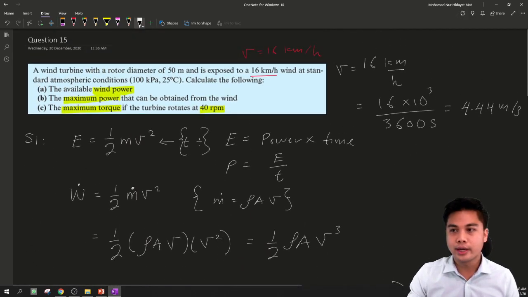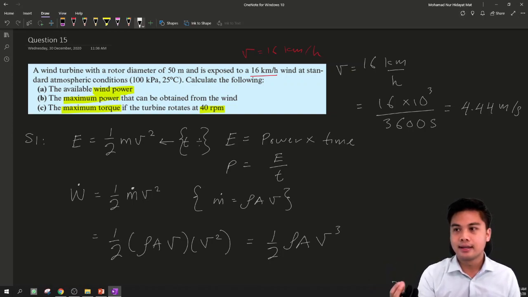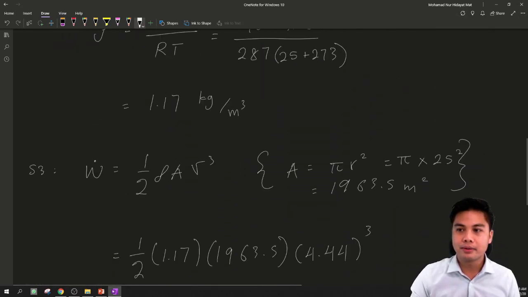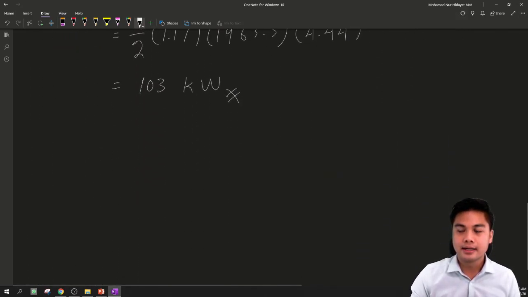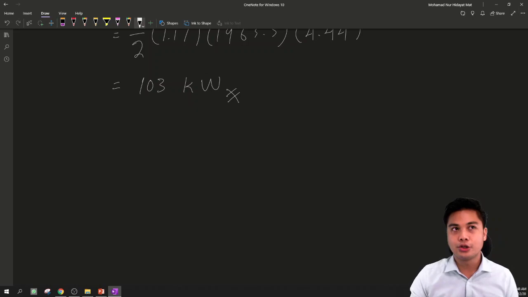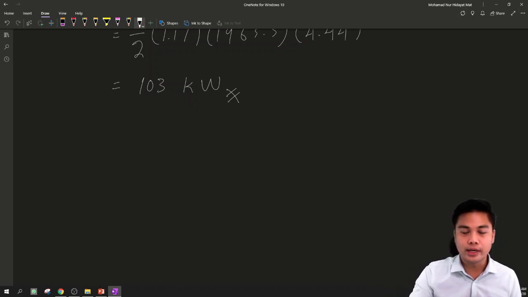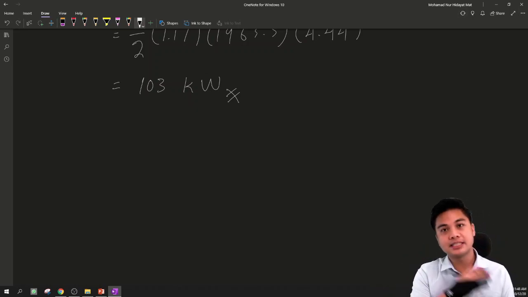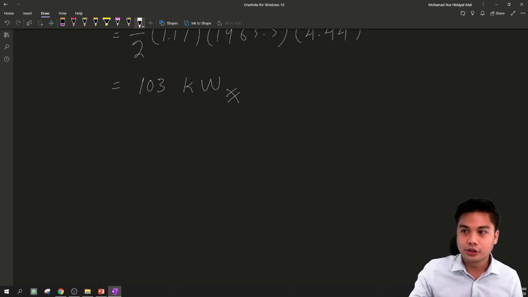Now we have found the available wind power. So how much of the power can be captured, the maximum power that can be obtained from the wind? We must multiply by the maximum efficiency. Step number 4.